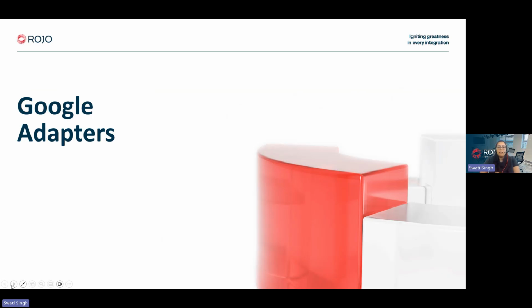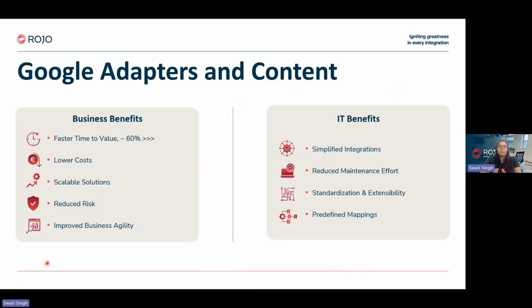Now, let's move to the main topic of today's webinar, which is the Google adapters and content. Before we deep dive into the technical details, I just wanted to highlight some of the benefits that we get when we use these adapters. There might be a lot of questions in your mind, since a lot of this can be achieved through basic configurations.